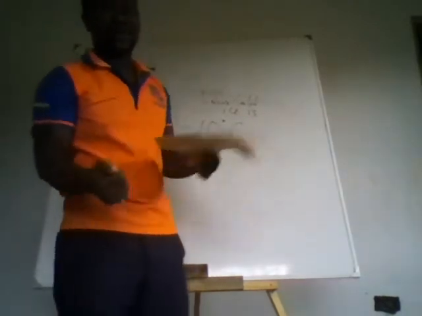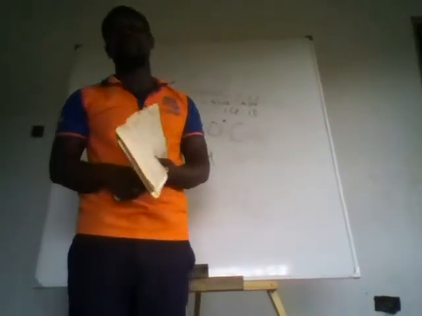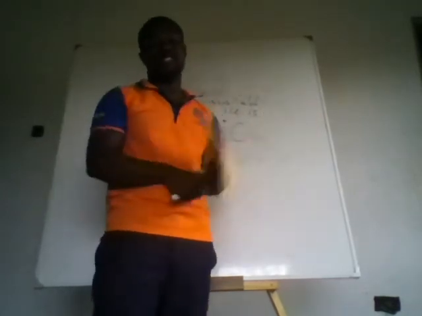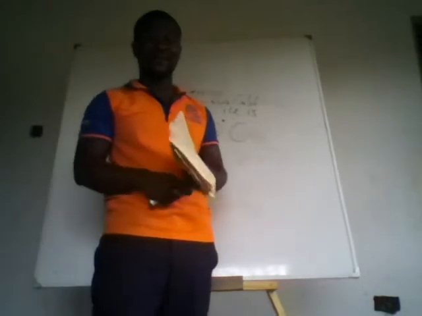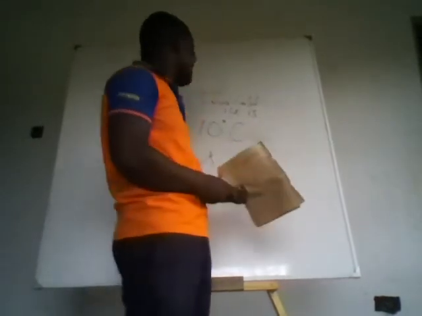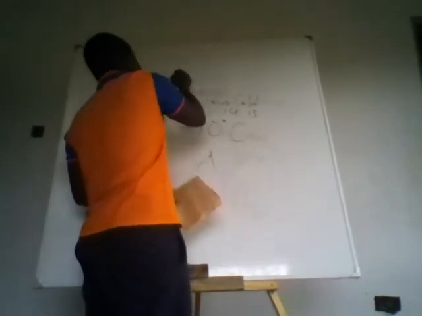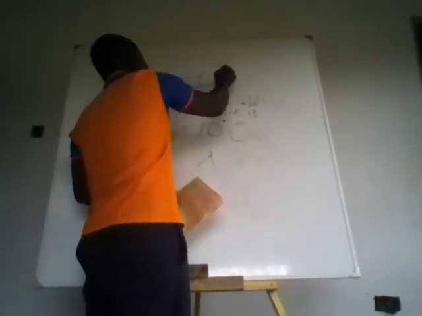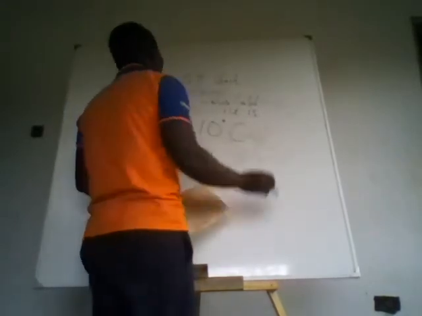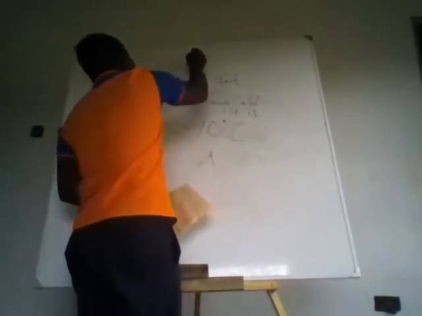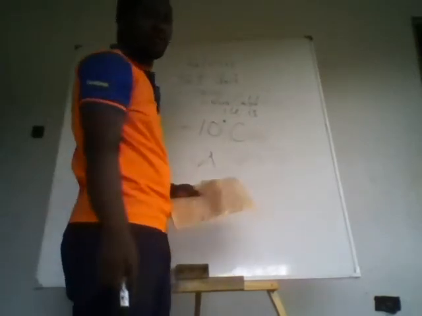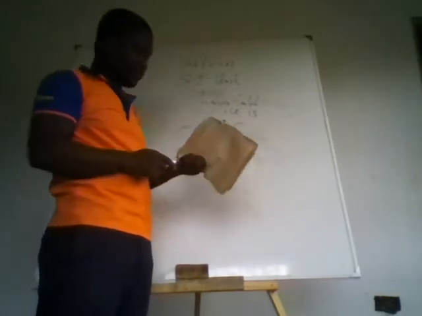Temperature, we know, is measured in degrees Celsius. It's measured in degrees Fahrenheit. It's measured in the Kelvin. And the SI unit is called what? The Kelvin. So the Kelvin happens to be the SI unit of temperature.